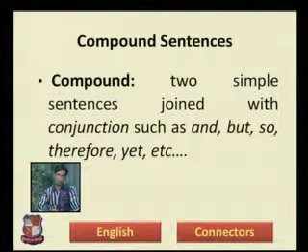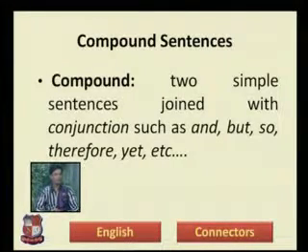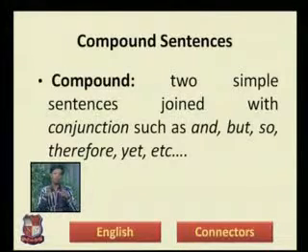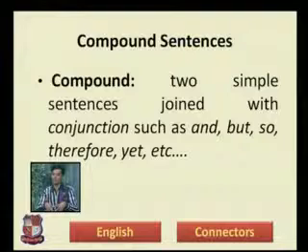Now the next type of sentence that somewhere touches our topic today, that is connector. First, the definition of compound sentence. The definition of compound sentence tells us that when two simple sentences are joined with a conjunction, it means that if you have understood the simple sentence carefully, then only you can move on with the compound sentence.